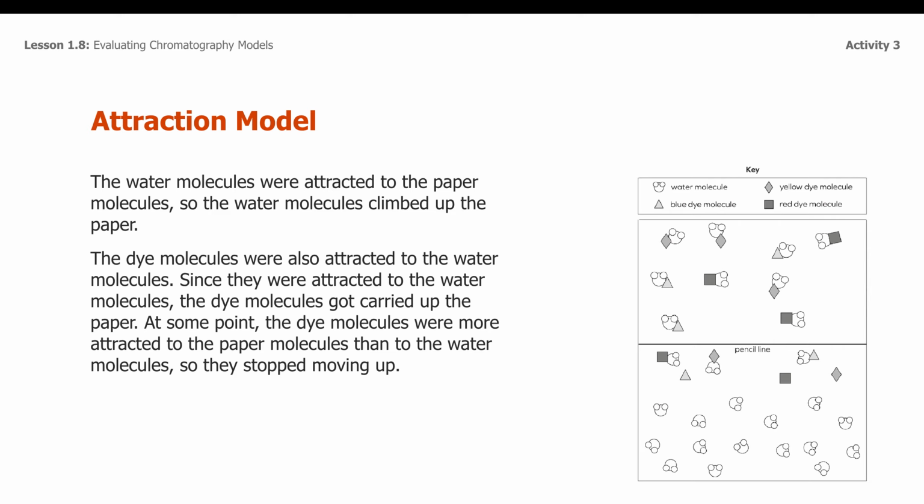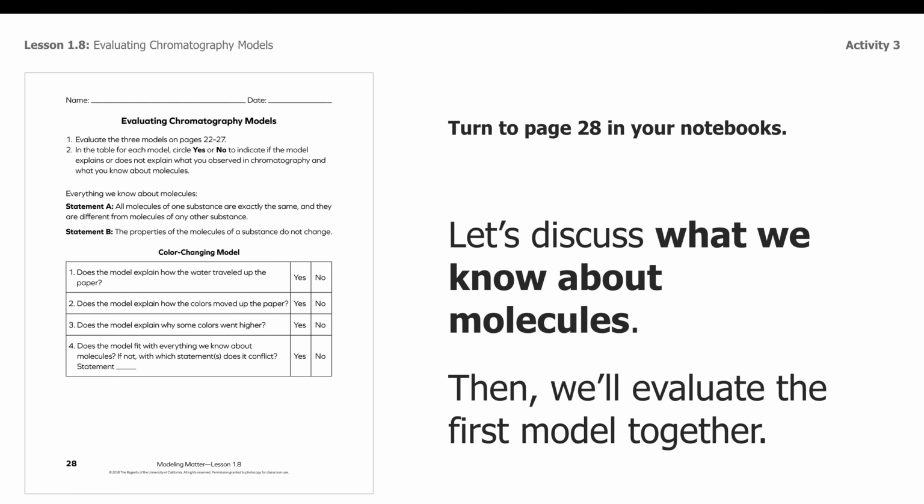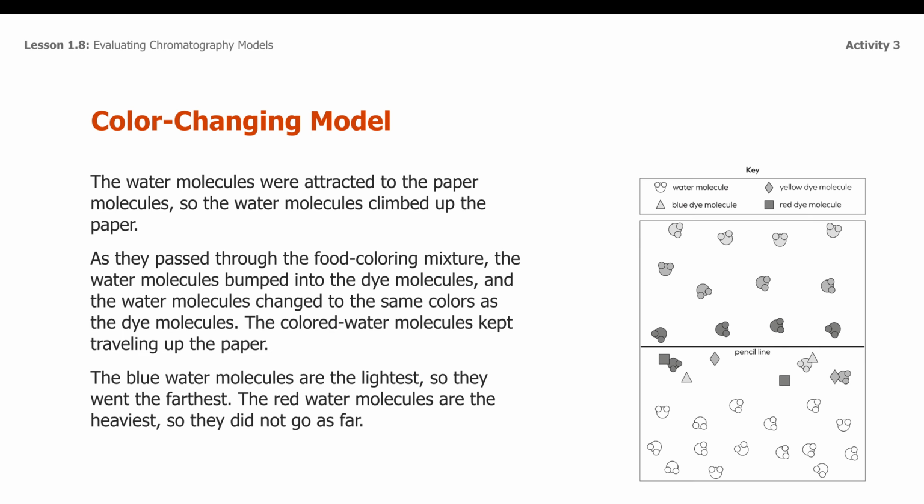At some point, the dye molecules were more attracted to the paper molecules than to the water molecules, so they stopped moving up. Okay, so those were just some brief explanations of 3 different models, and we're going to talk about what we already know about molecules, and then we'll evaluate the first model together.